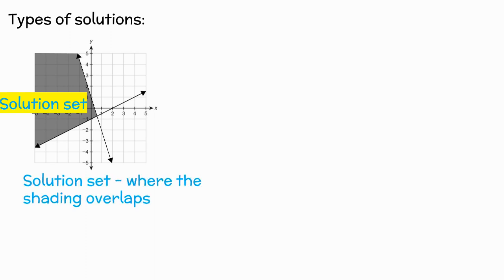This is where the shading overlaps. And they're actually going to have infinitely many solutions because our lines go on forever and ever, and there's going to be a ton of actual solutions for our inequalities that overlap.